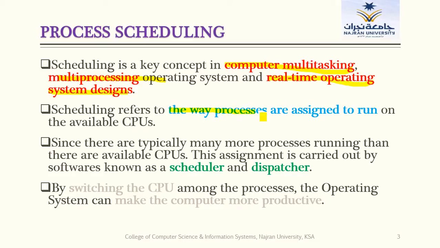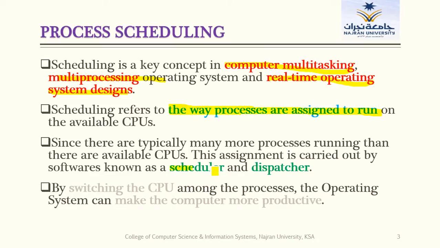This is the way processes are assigned to run on the available CPUs, because we have seen that in our system we may have more than one process. Many processes are available for execution, but we have a limited number of processors. Okay, so we need some schedule to execute all these processes, so this is called process scheduling.